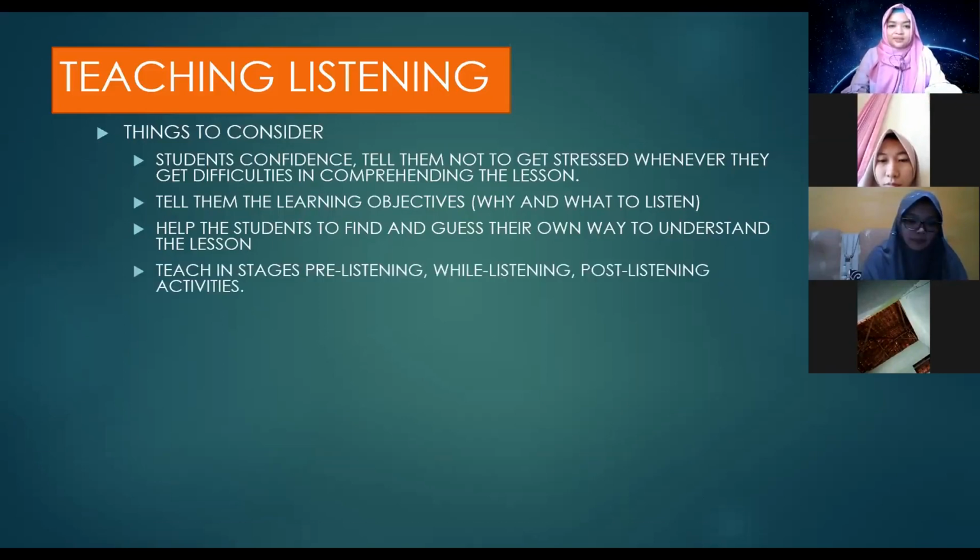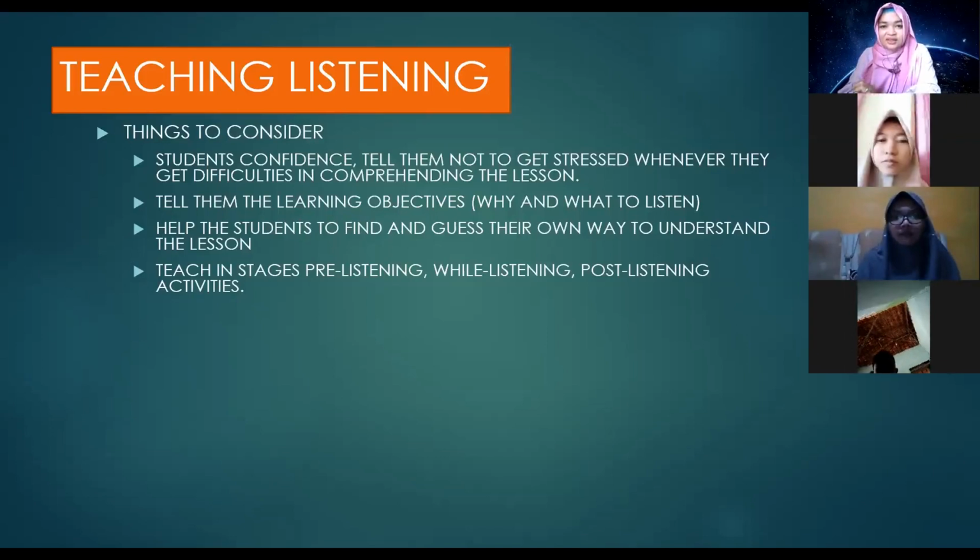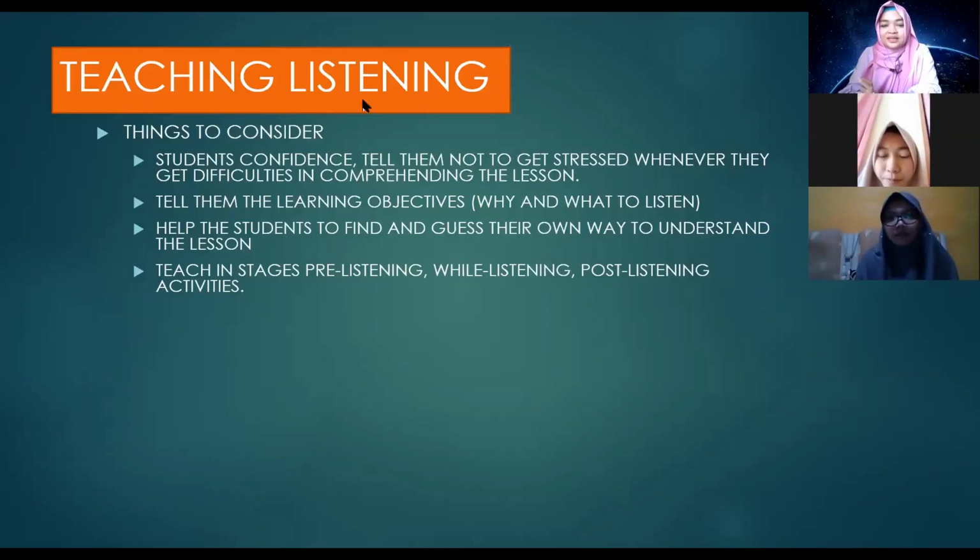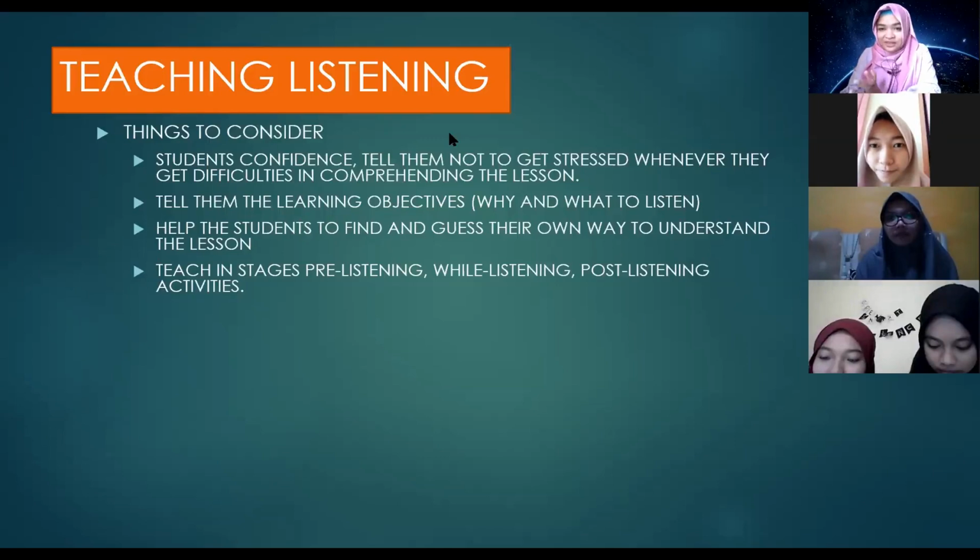Okay, next is teach in stages. Before you ask them to practice or do an activity, you have to do pre-listening. For example, if you want to ask them to draw a picture based on your description, first you need to introduce them to the vocabulary that you are going to use in the activity.